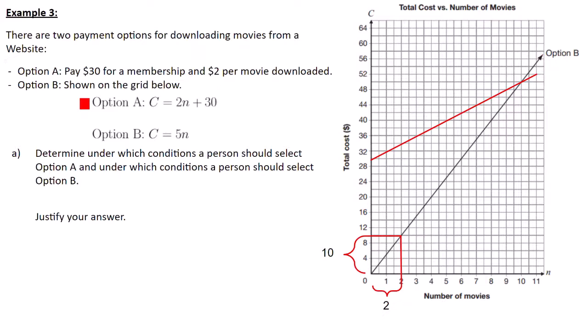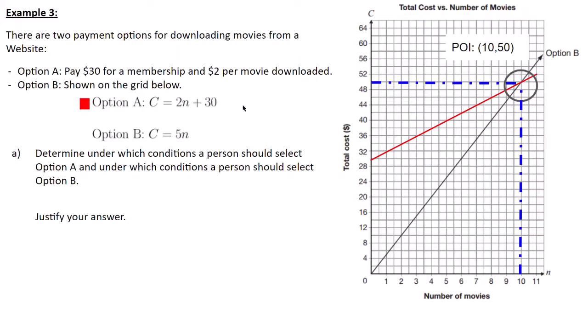Now we want to determine under which conditions a person should select option A and under which conditions a person should select option B. Clearly, option A is more expensive before we cross this intersection line, and option B will be more expensive after. So we want to figure out what this intersection is. And we see it's right over here, and it is the point (10, 50).